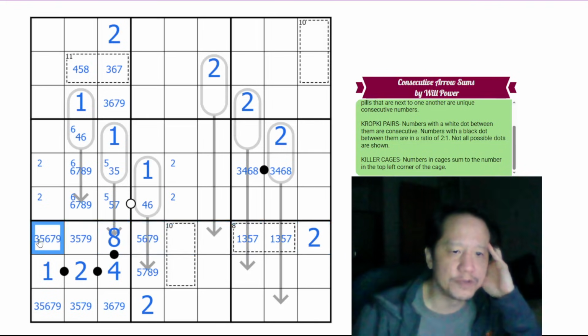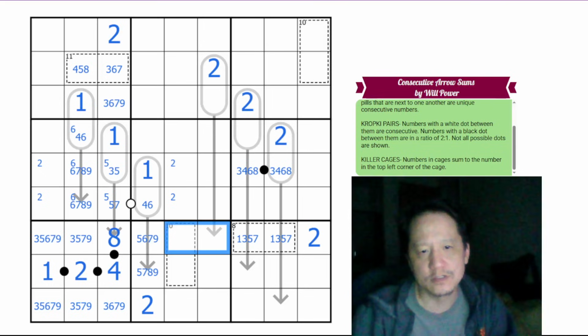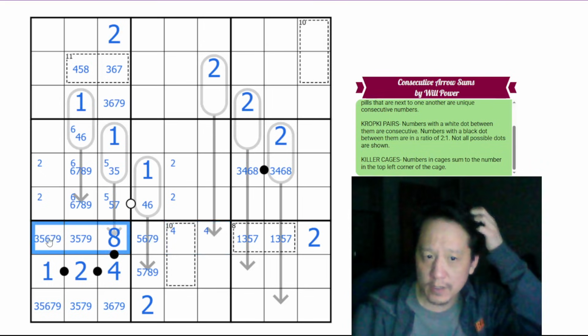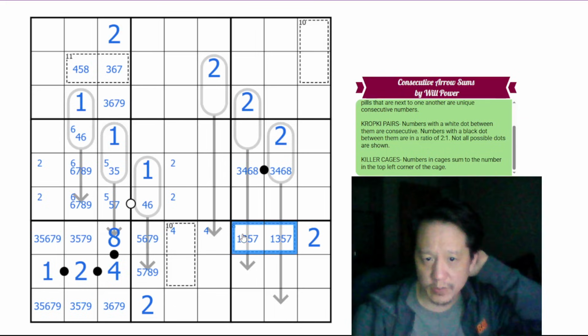Where is 4 then in row 7? It has to be one of these two digits because it cannot be here because of 4 in the box. Can't be here because of adding up to 8 with 2 digits.